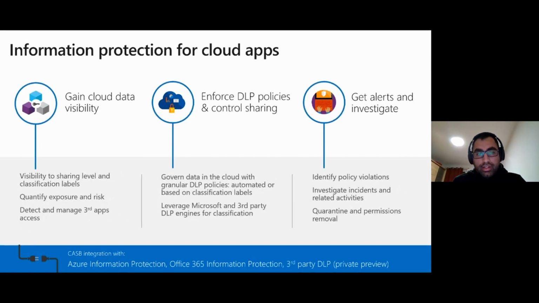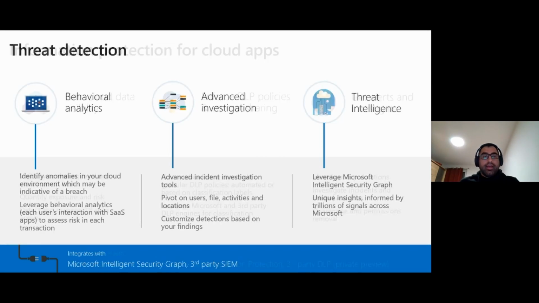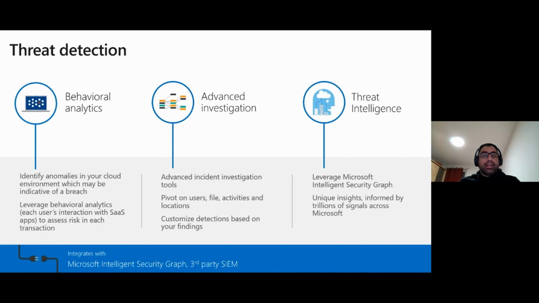The second part is information protection for the cloud apps. You can gain visibility based on the sensitivity labels you define in your application or classification mechanism, and DLP. The third part is behavior analytics. If I'm trying to do something unusual, it will analyze that.